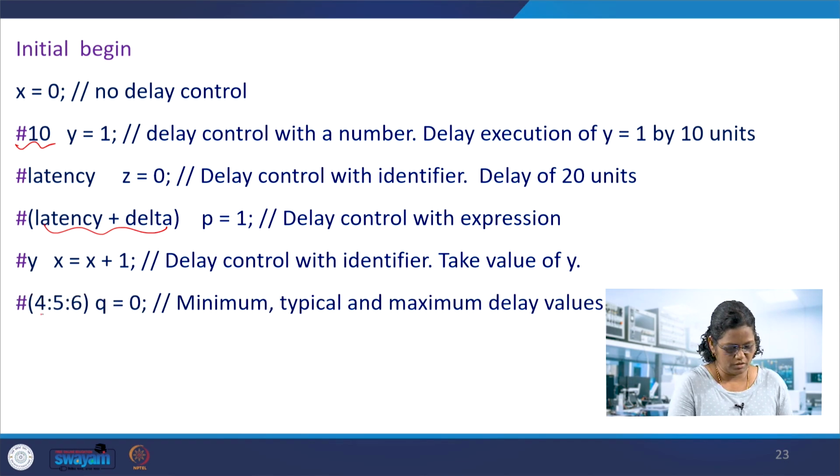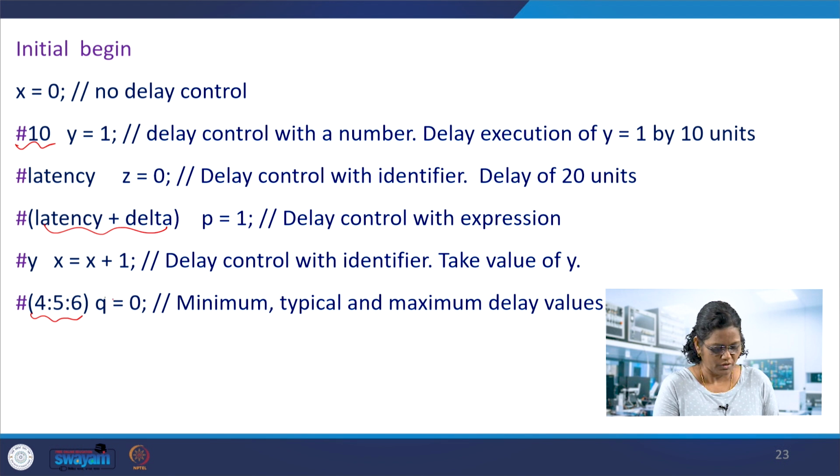Another one to be noticed is what is used normally in gate delay modeling, #4:5:6 with q equal to 0. Here 4 is the minimum, 6 is the maximum, and 5 is the typical value.